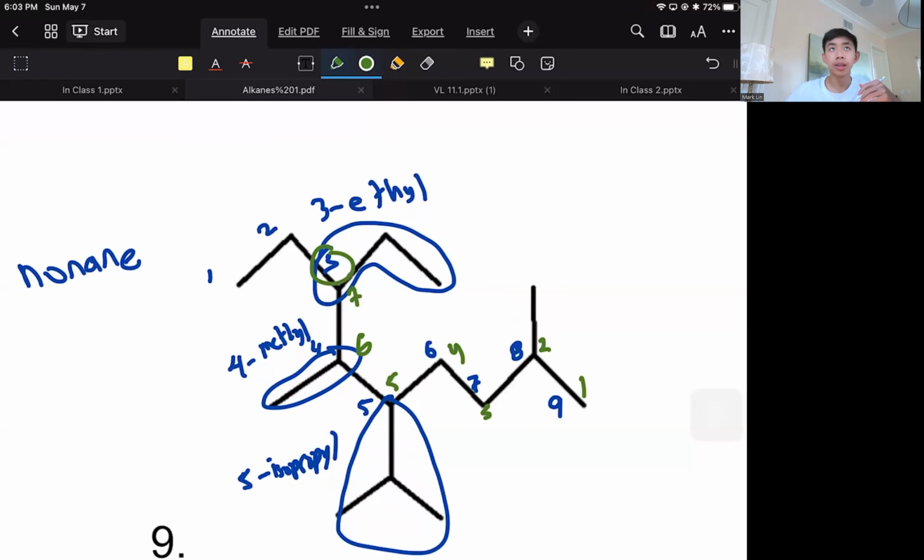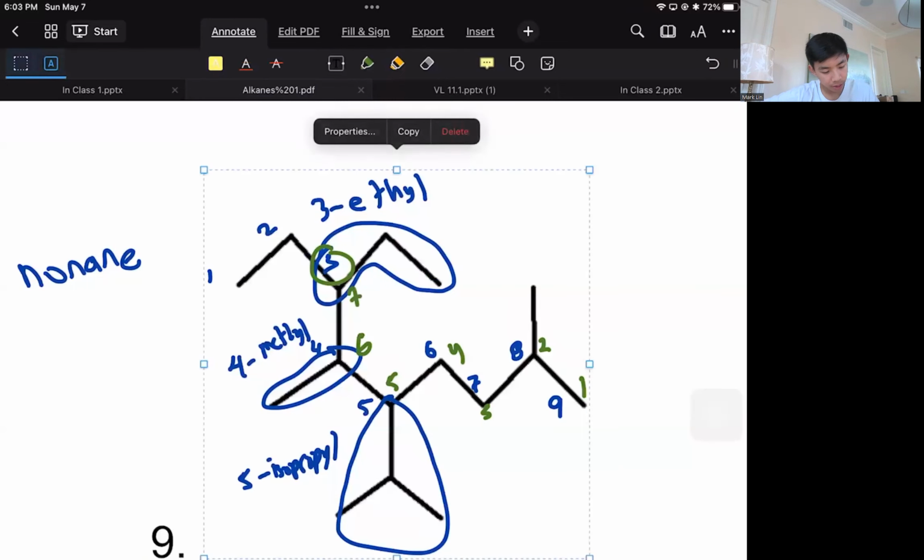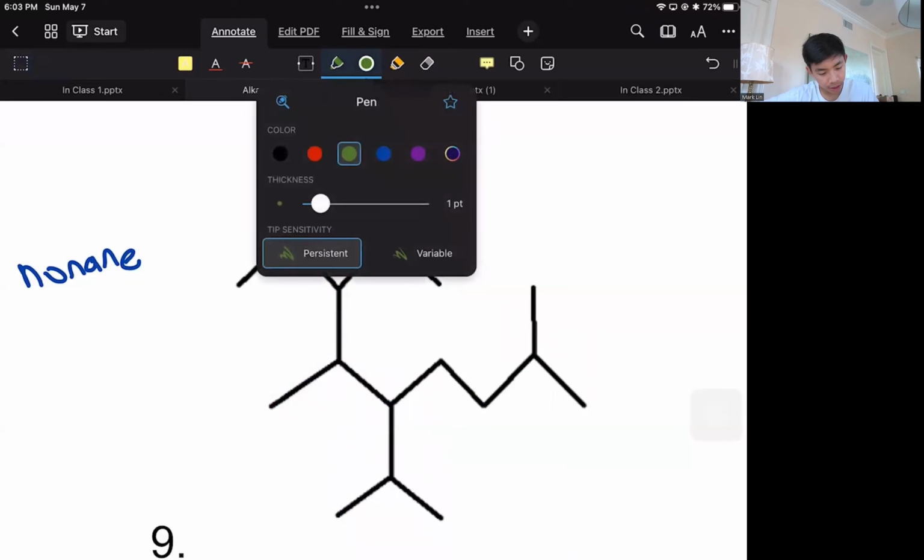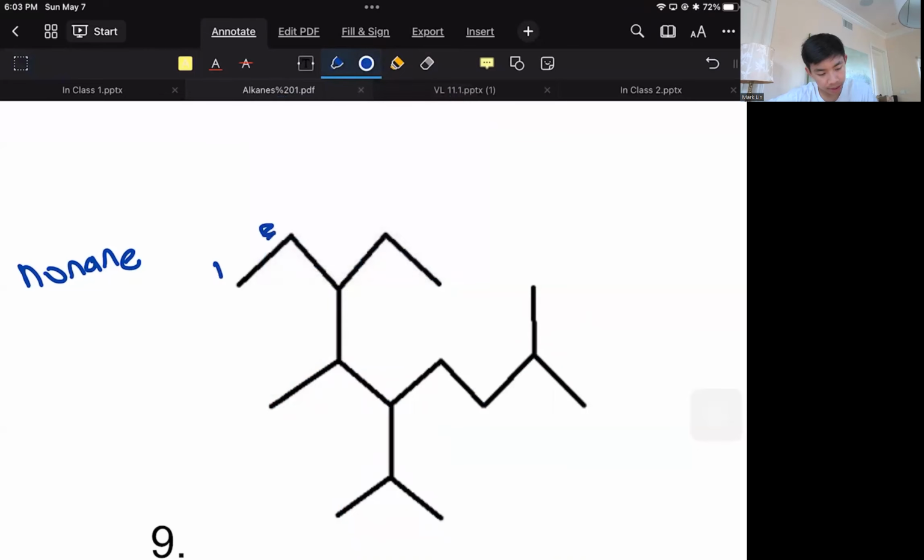So our second most complicated one is ethyl, and that comes at number three, and three is less than seven. So that's why we go left to right. All right, sweet. Doesn't really matter because this type of problem won't be on the test. But yeah, the more you know.